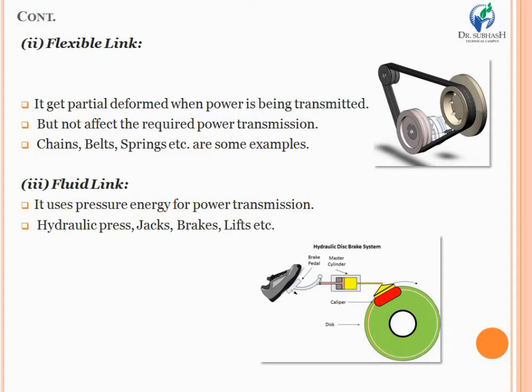For example, we are using hydraulic brakes, hydraulic lifts, hydraulic jacks. In all those devices, ultimately we apply action by virtue of the pressure of hydraulic fluid. So this is known as a fluid link, especially the link which utilizes the pressure energy of the fluid.